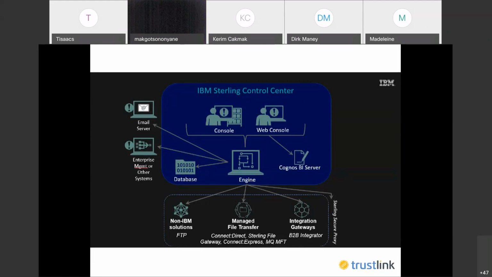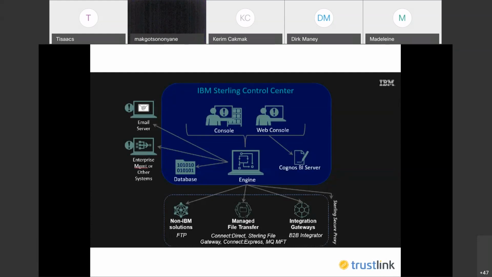Underneath all of that, those are the different types of solutions that can be monitored with Control Center. Clearly, the IBM Sterling Managed File Transfer portfolio, like Connect Direct and File Gateway, those are out-of-the-box integrations that we provide. Control Center can also integrate with some of our other solutions. On the gateway side, you see B2B Integrator.